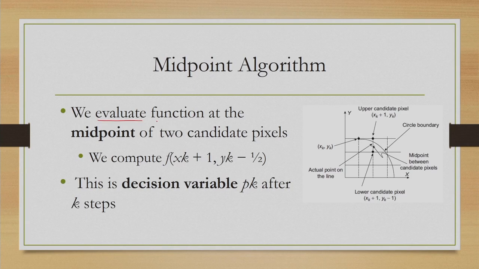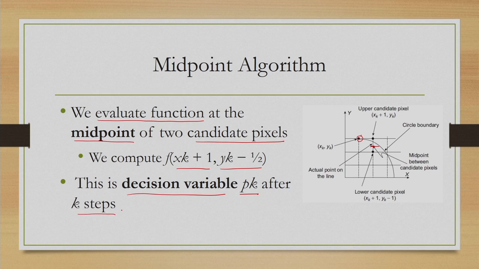Then we can evaluate the function at the midpoint of the two candidate pixels. That means, at xk plus 1 and yk minus half. Note that this is yk, so midpoint will be this point, that is yk minus half, and it will be xk plus 1, that will be the new x coordinate. Now, this will be our decision variable pk after k steps.